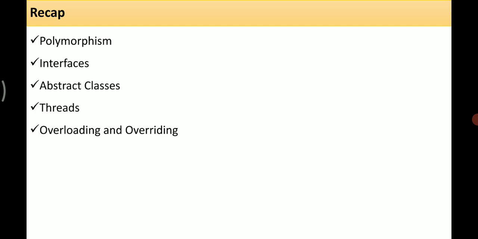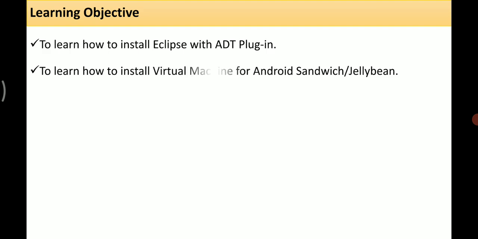In the previous session, we learnt about polymorphism, interfaces, abstract classes, threads, overloading and overriding, the Java virtual machine and Android development tools. The session learning objectives are to install Eclipse with the ADT plugin and to install the virtual machine for Android Sandwich or the Jelly Bean.